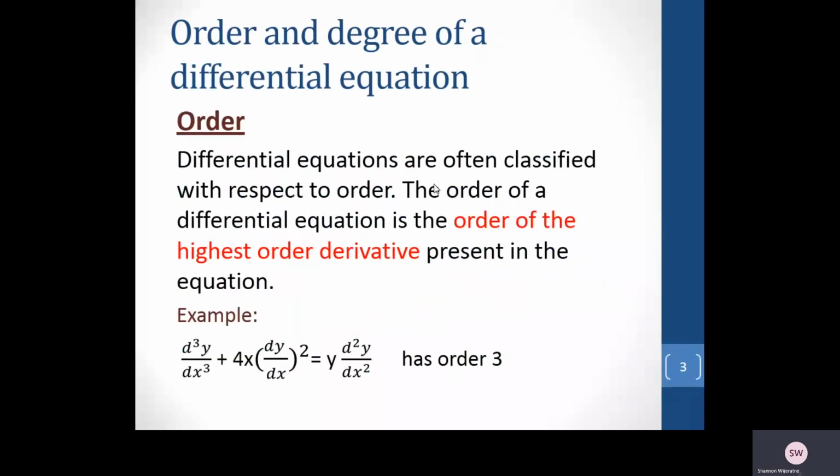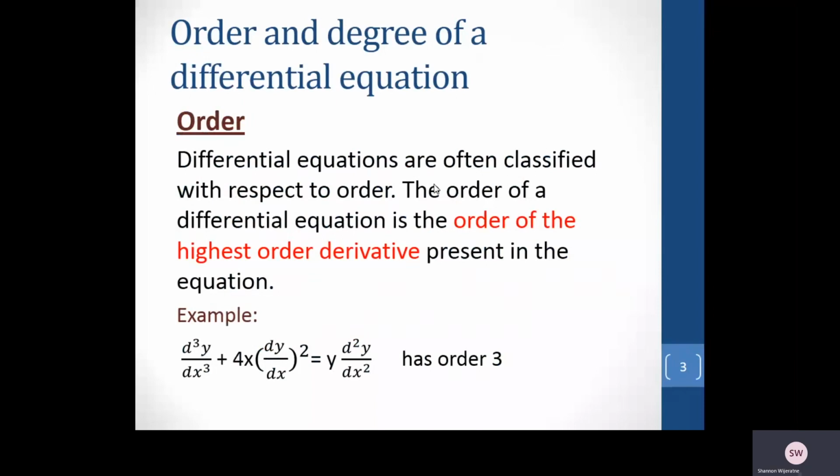So first we need to know what the degree and the order of a differential equation is, because the method of the solution depends on the order and the degree of the differential equation. If the order is equal to 1, we call them first order differential equations. So we are going to learn about these first order differential equations.